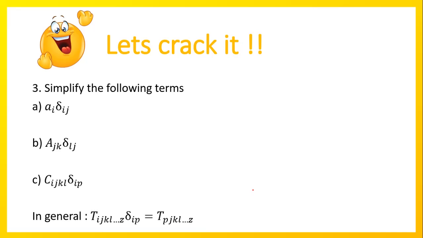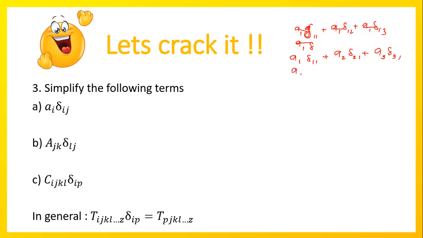Let's do some exercises with it. So, the first term here. Here we have i twice, so i is a dummy index and j is a free index. This denotes that we are going to have three different equations. Here i is the dummy index. So, it is a1 delta 11 plus a2 delta 21 plus a3 delta 31.